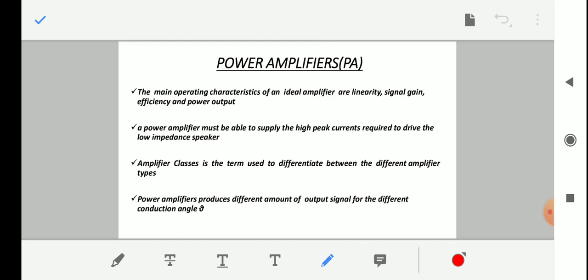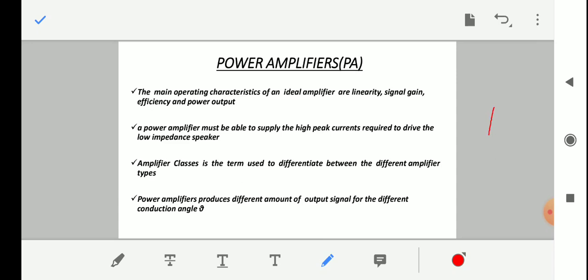After that, I realized that I can help you to some extent by explaining these PDFs to you so that you can understand these topics easily. So let's start with the topic power amplifiers.